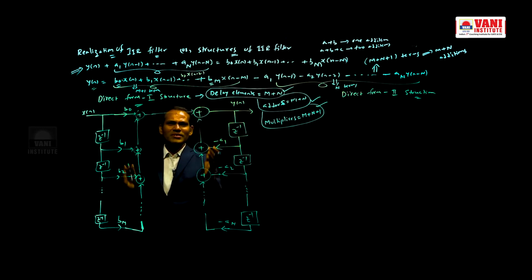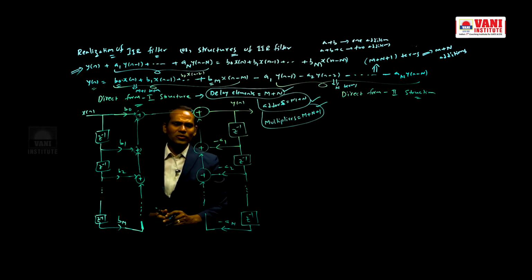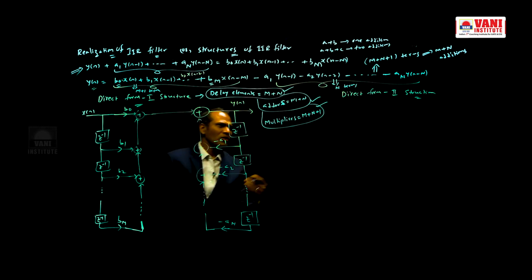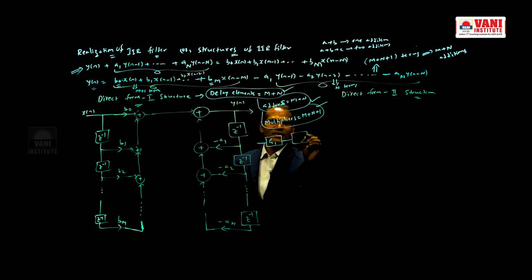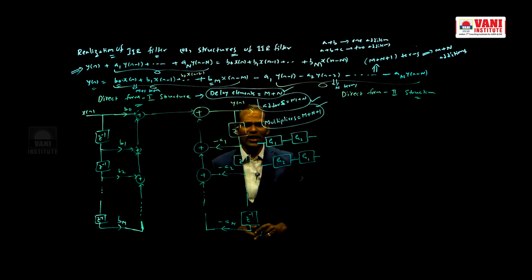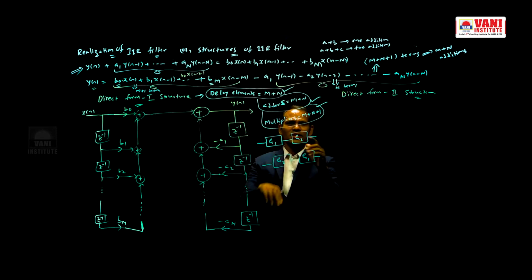Direct form 2 structure means just interchange these two. So according to control system theory, whenever two blocks are in series, according to block diagram algebra, we can interchange these two blocks.